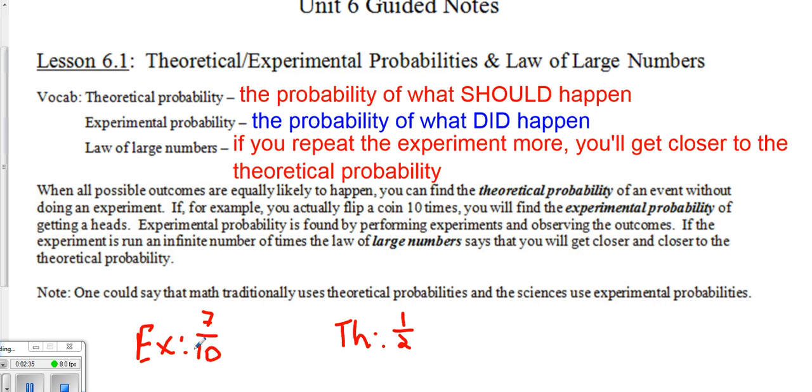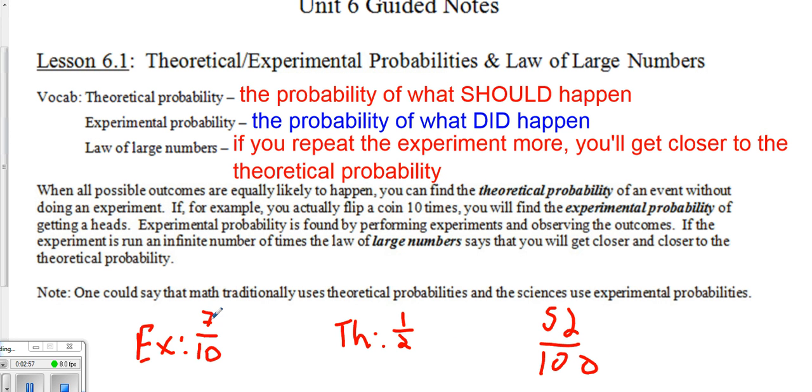In this case, 7 heads would mean that we got tails 3 times, so we'd only be 4 apart from each other. If we ran it again, let's say 100 times, and we were still only 4 apart, that would be 48 and 52. So we'd say 52 heads out of 100.